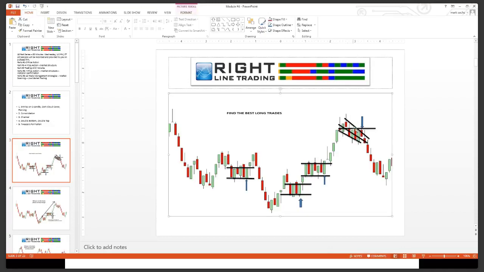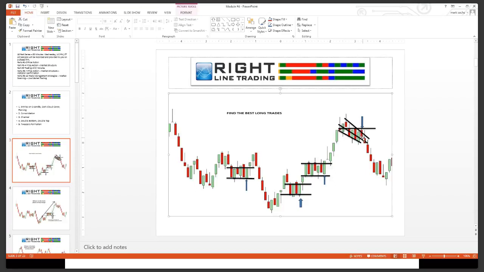So you can see the triangle that's falling, and you also have a falling channel. Now you only need one of the two. You need the falling channel, or you need the falling triangle. Either one indicates a nice short trade.